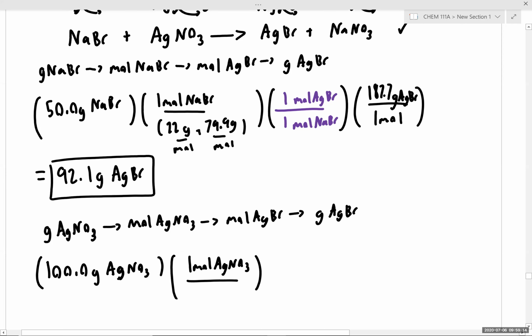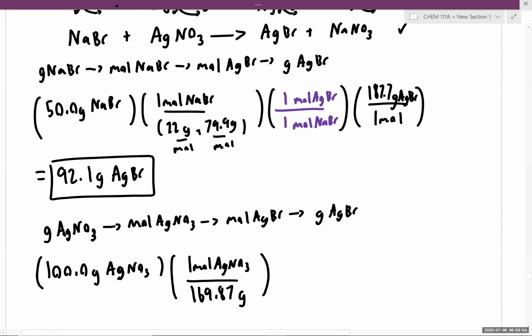Just to make sure everyone's comfortable with calculating these molar masses quickly and efficiently. 169.87. Very good. Again, we're just adding the mass of silver to nitrogen to the mass of oxygen times 3.